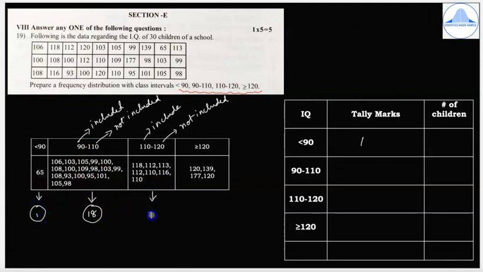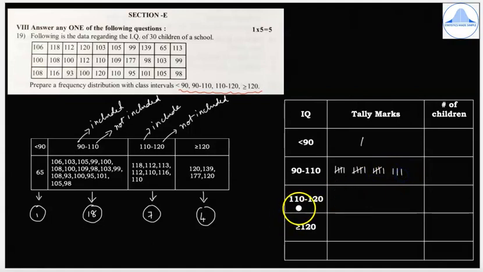Then here you have 7, and for greater than or equal to 120, you have 4 values. So you have to put the tally marks as 18. So this is 15, 16, 17, 18.